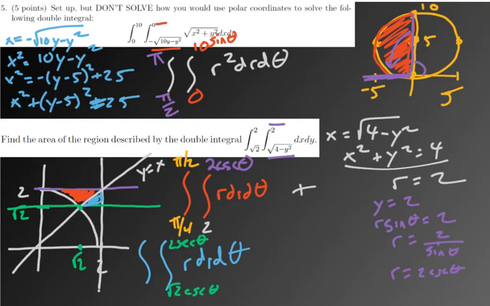Okay, so then probably the trickiest part is the angle, right? We need to figure out what that angle is, because that's my lower bound angle. But the way I would do this is just trig. You know that this part is root 2, and you know that this part is 2.